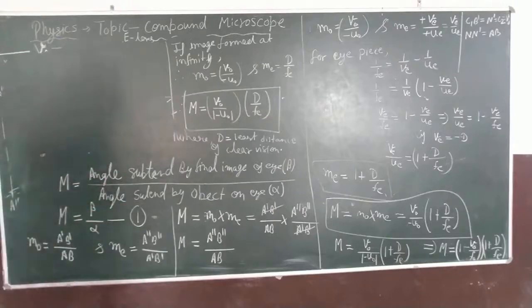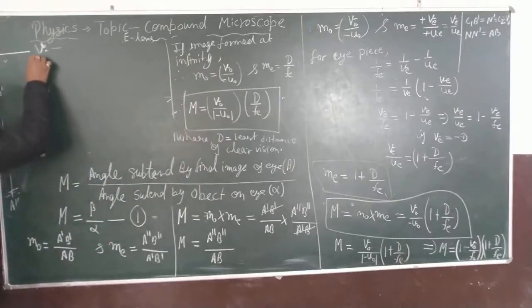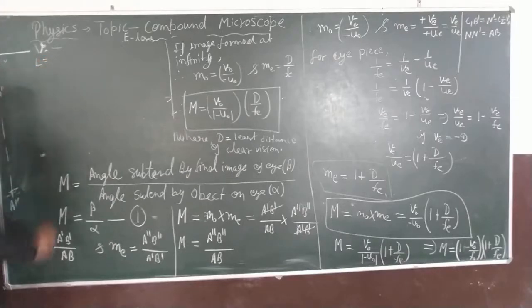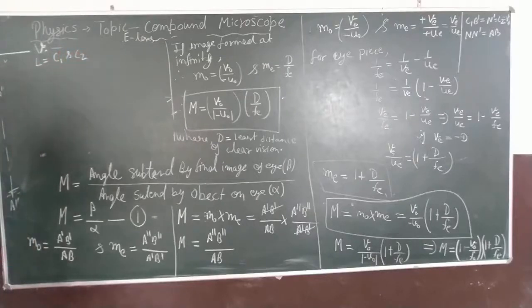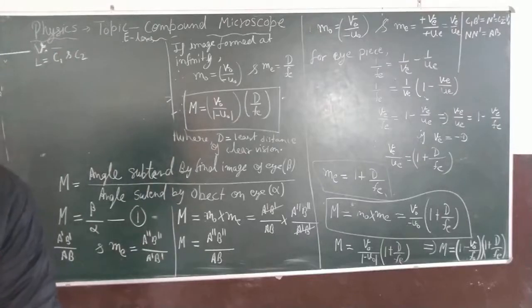Okay, as per the arrangement of the compound microscope, L is the distance between C1 and C2, which means the length of the tube.